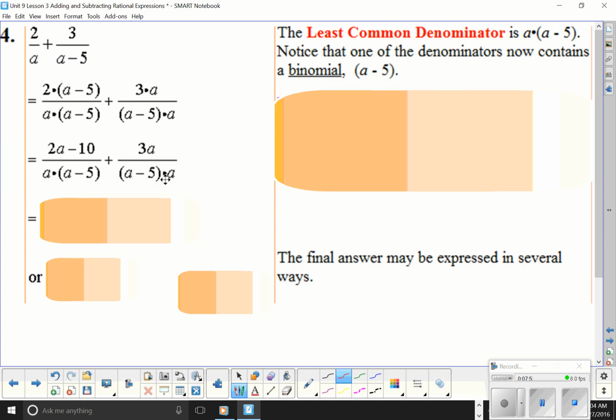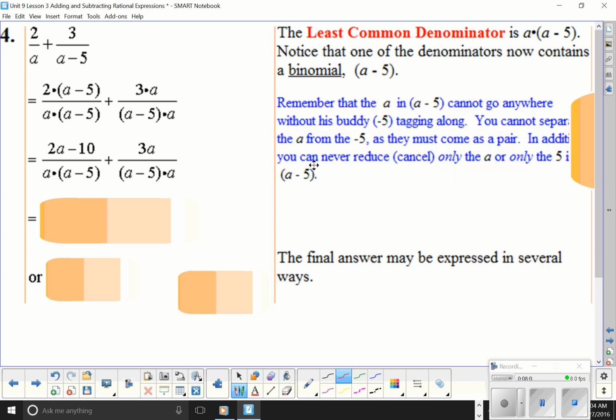And on the bottom, I wouldn't multiply those out. There is the possibility, if I leave them factored, that after I finish everything in the numerators, I might be able to factor something out. So I wouldn't go through the trouble of multiplying those out yet. So now I've got 2a minus 10 plus 3a.